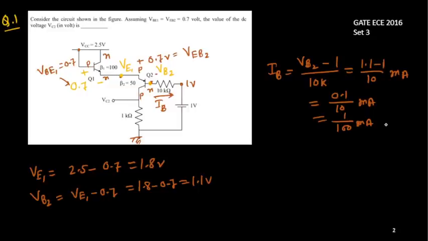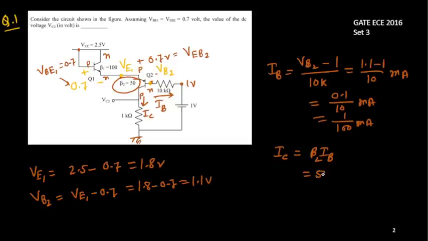Now I need to find out the voltage across this one. The beta for this transistor, beta 2, is given as 50. We need to use it to find the collector current. This collector current is IC, so whether you write IC2 or IC only, IC equals beta into IB, actually beta 2 into IB.